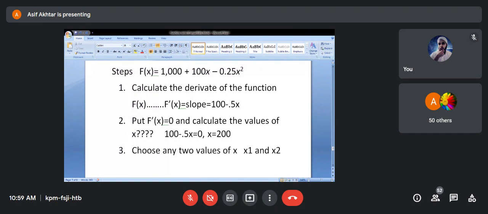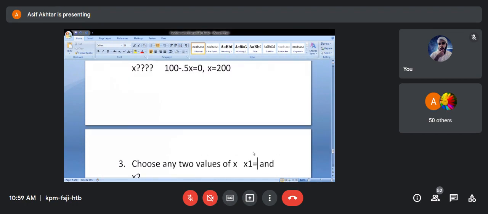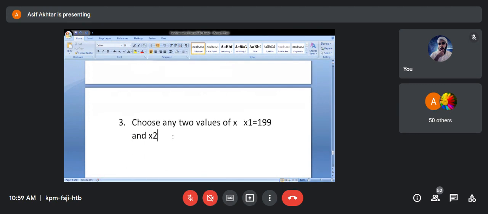And the two values are quite near to each other. They are not very far. So we take two values, for example x1 equal to 199 and x2 equal to 201. We have chosen two values where x1 is 199 and x2 is 201.